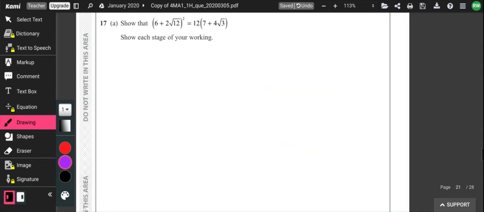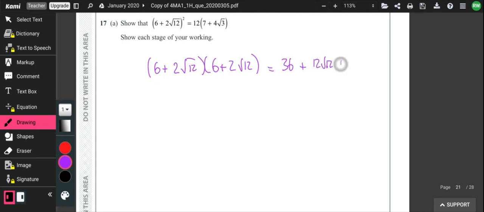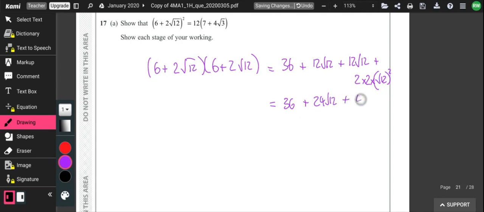Question 17, we're multiplying out some surds. So 6 plus 2 root 12 multiplies 6 plus 2 root 12. That would give us 36 plus 12 root 12 plus another 12 root 12 plus 2 times 2 times root 12 squared. So that will give us 36 plus 24 root 12, and then we have 2 times 2 times 12 is 48.